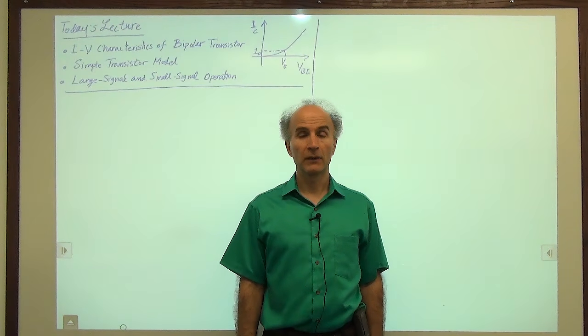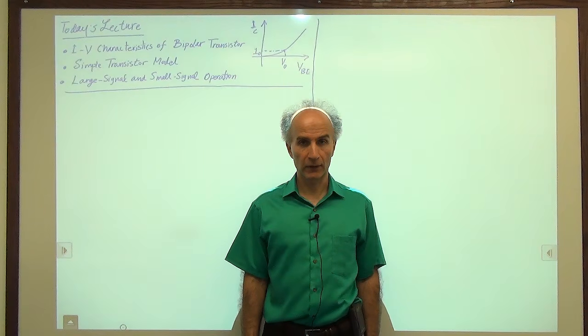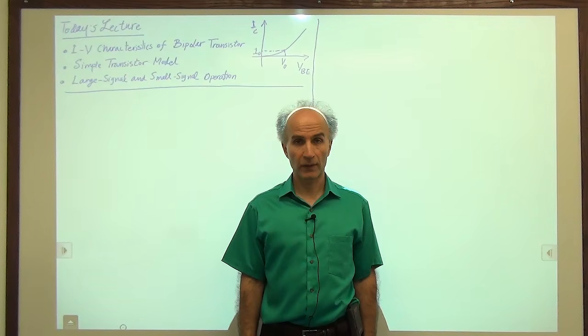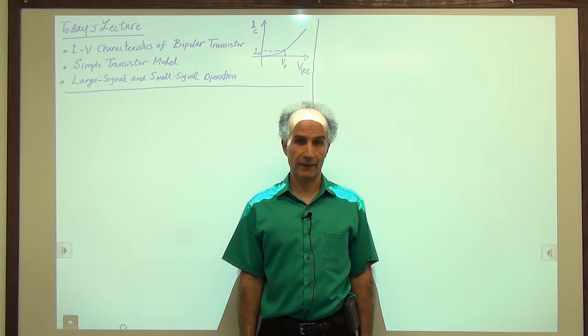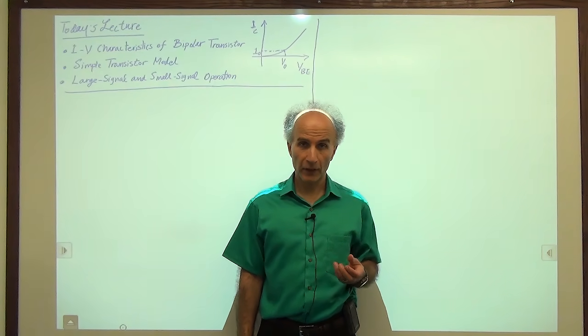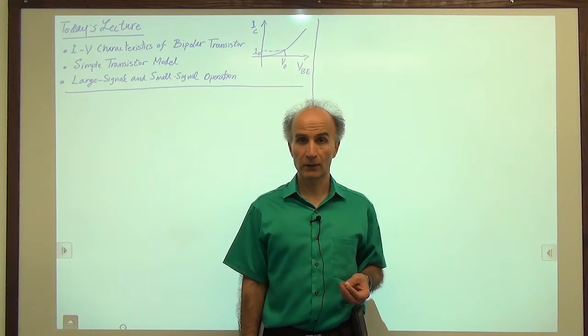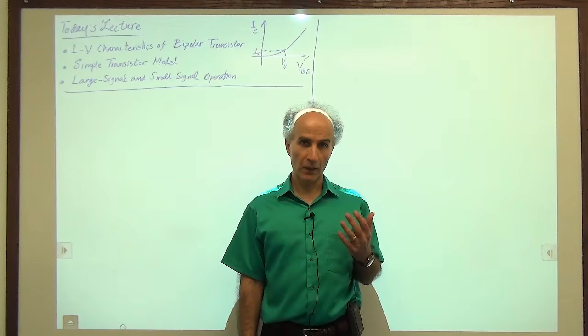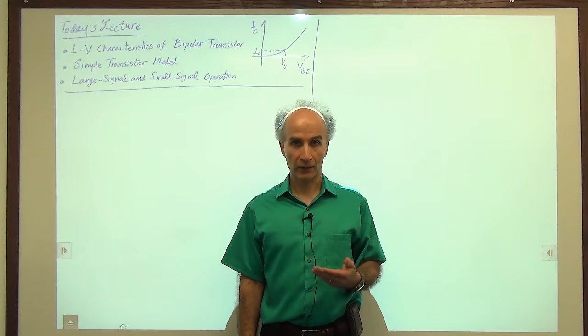Today we will continue to look at the bipolar transistor and try to develop a circuit model for it that we can use in our analysis and design. What we have seen so far is that the bipolar transistor has some sort of exponential dependence between its base emitter voltage and its collector current.